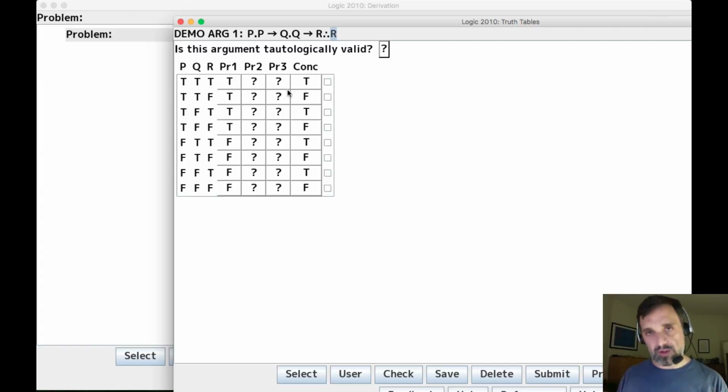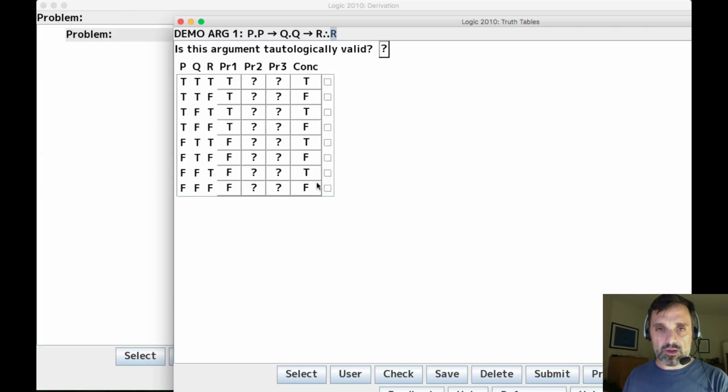So we know we're looking for counterexamples. We want to find a situation where we have true premises. What we want to determine is, for each row, true premises and false conclusion or not. So if we look in this first column, we see true, true, true, but then false, false, false, false. And this tells us that on all four of these rows down here, at least one premise is false.